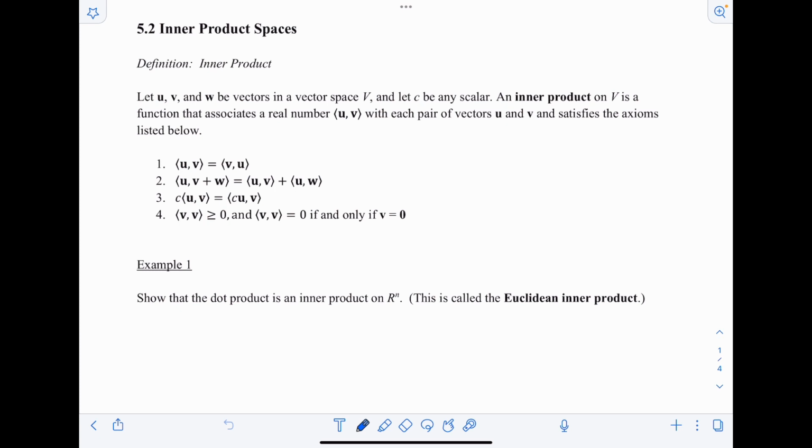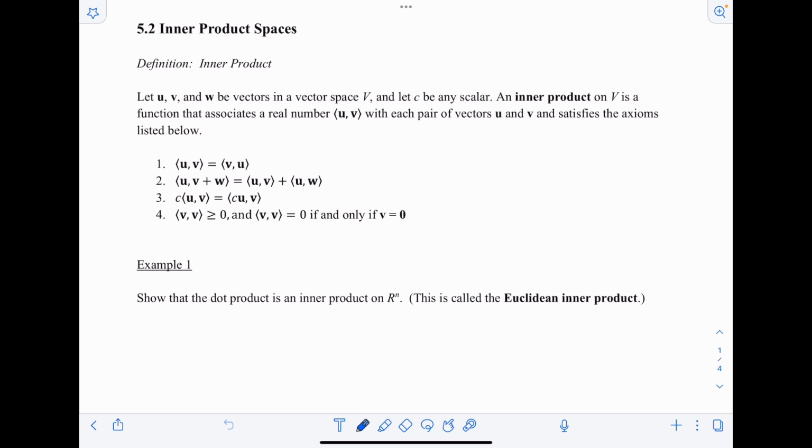And if you look at the definition here, it says let u, v, and w be vectors in a vector space V, and c be any scalar. An inner product on V is a function that associates a real number <u, v> with each pair of vectors u and v that satisfies the axioms listed below. And we've got 4 axioms listed here. So let me just paraphrase what this is saying.